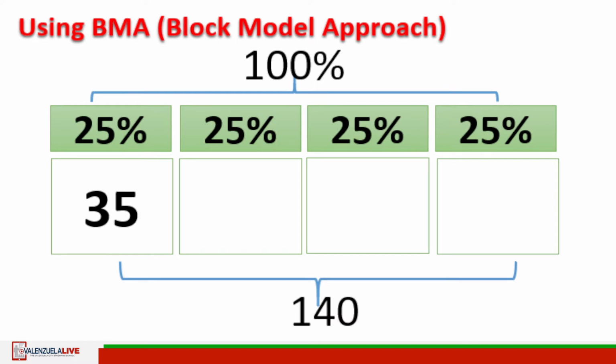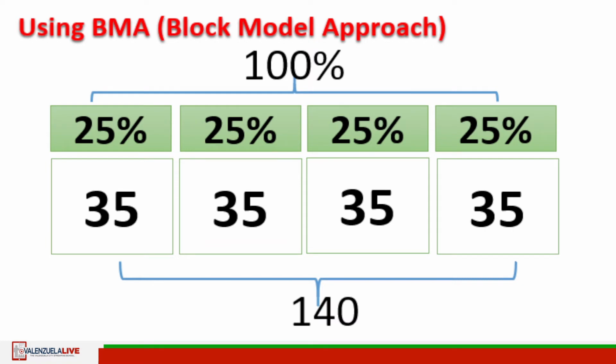Another 25% is equal to 35. Another 25% is equal to 35. And the last 25% is also 35. Since 25% represents grade 5, therefore, we have one part of the 4 equal parts which is equal to 35 pupils.